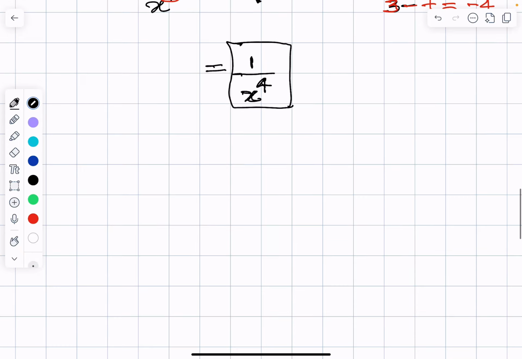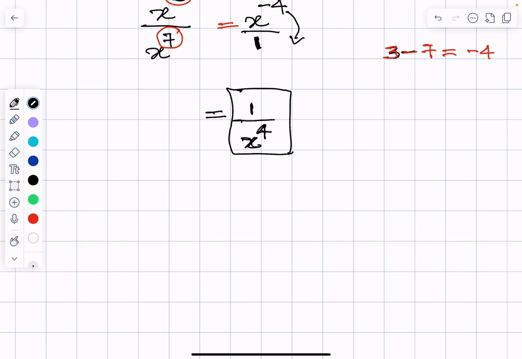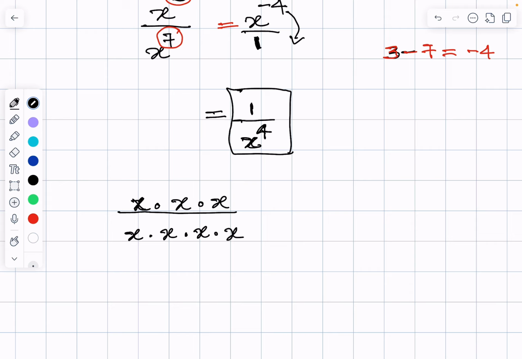Okay, let's prove it. Now x to the 3rd power we can write like this: x times x times x. Okay, then x to the 7th power is 7 times x. It's like this, we'll write it: x times x times x times x times x times x times x.